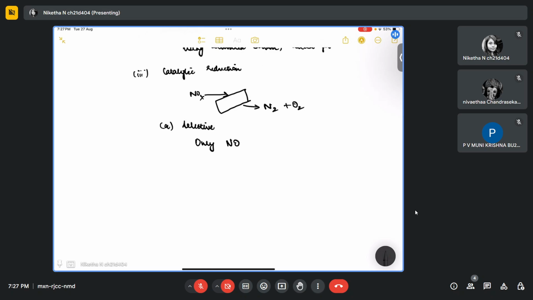But when you use a selective catalyst, then only NO can be used, and that will get converted to nitrogen. And then there is the non-selective type. So here both NO and NO2 will get reduced to nitrogen.